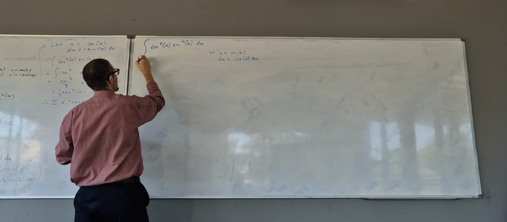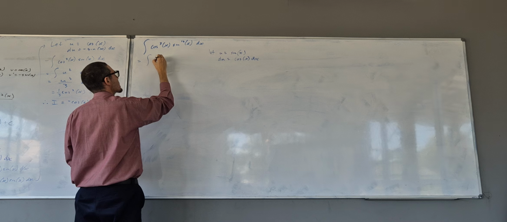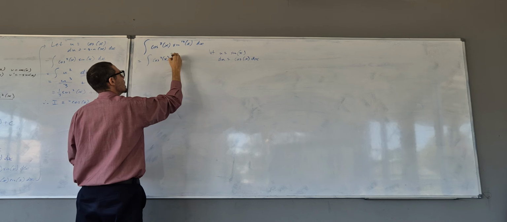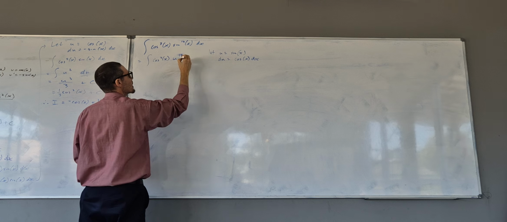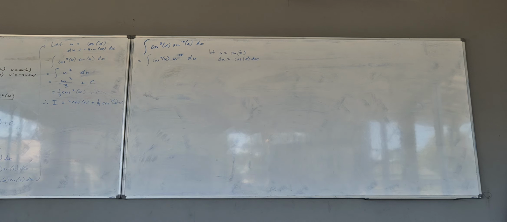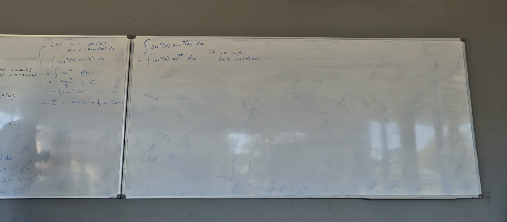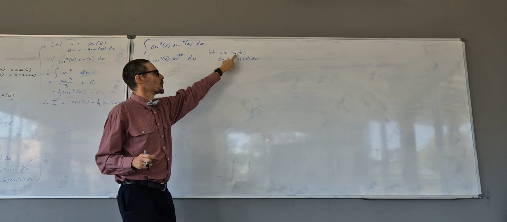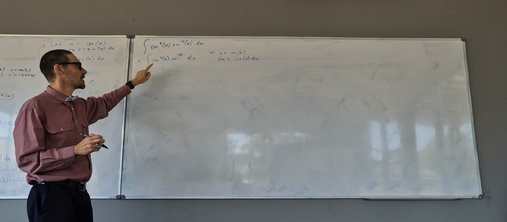So far so good. The integral of cos squared x sine to the 10th x is u to the 10th du. I've taken one of those cosines out of the way. I'm left with a cos squared. But my u is a sine. Wait a minute, I can use a trig identity to turn this into a sine.